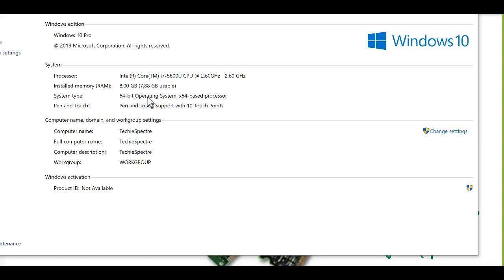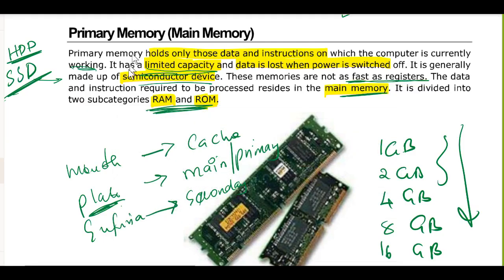Mine is 8 GB. You might find other computers that have 4 GB, 2 GB, 1 GB, etc. In the old days when I was in college, we used to have even 512 MB or a GB being used. So I just showed you the RAM, and it is one subcategory of main memory. There is another called ROM, and we are going to discuss that.